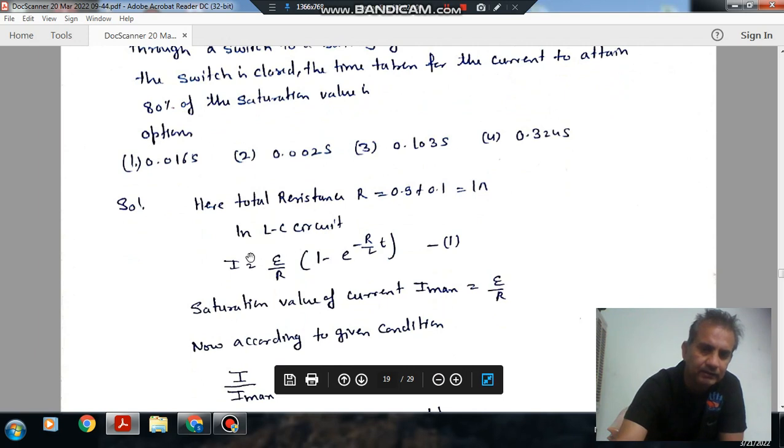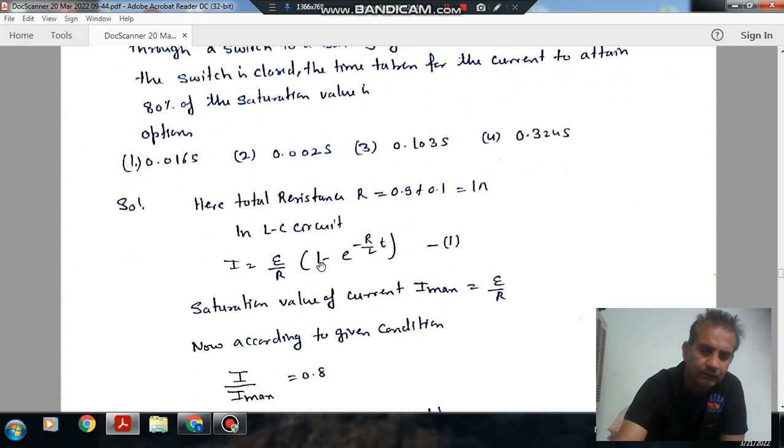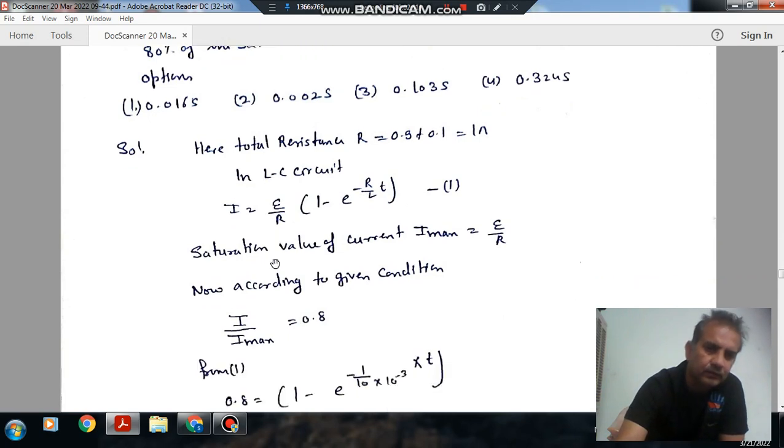And in an LR circuit, the current is given by I is equal to epsilon by R into bracket 1 minus e to the power minus R by L t. This is the expression that we have derived in previous questions.